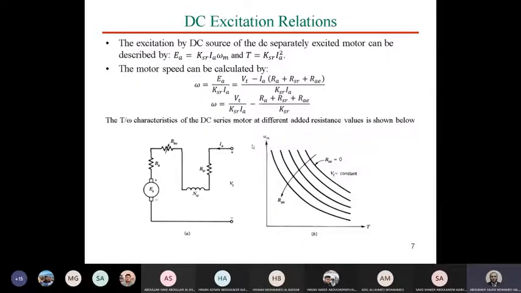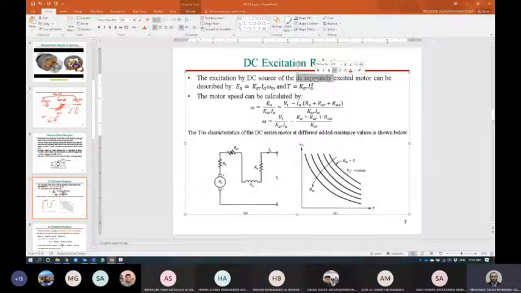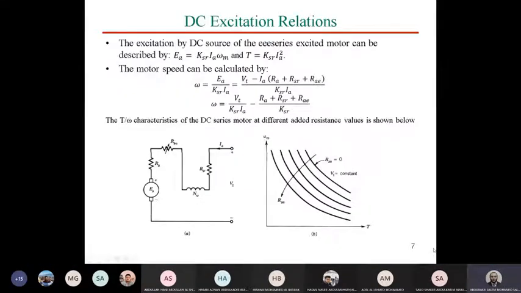So this here needs to be changed. This is for series DC motor, shabab. Series excited motor can be described as, we discussed these types of relation, shabab, before. For series DC motor, EA, the EMF equals K series multiplied by armature current by speed, and you know torque equals K series multiplied by IA.